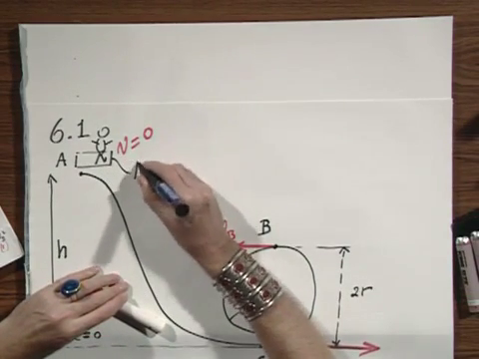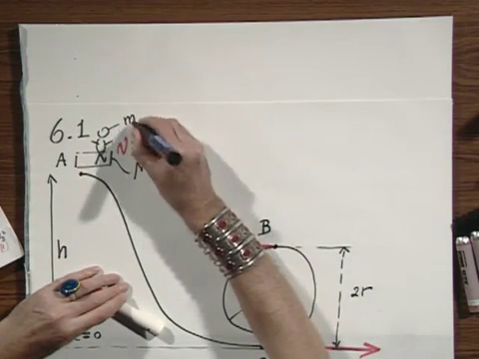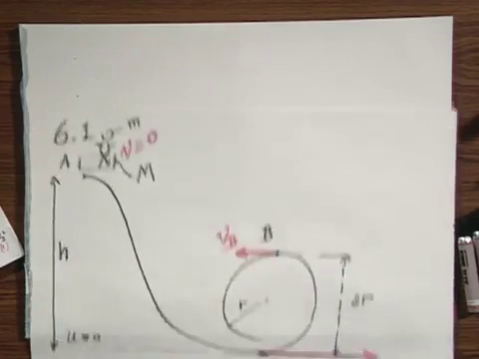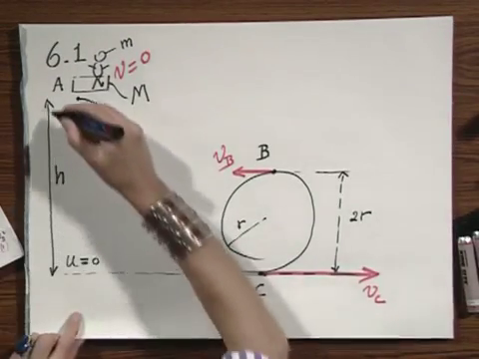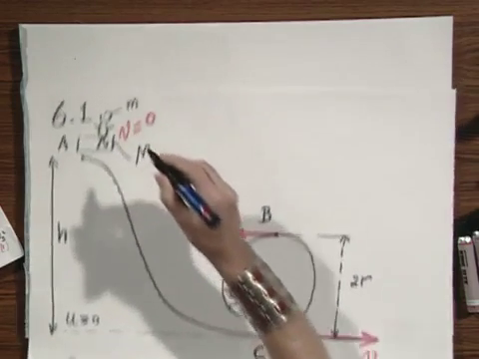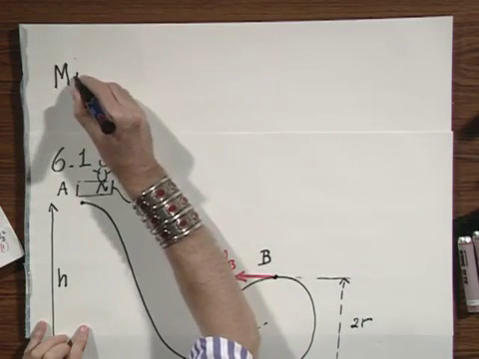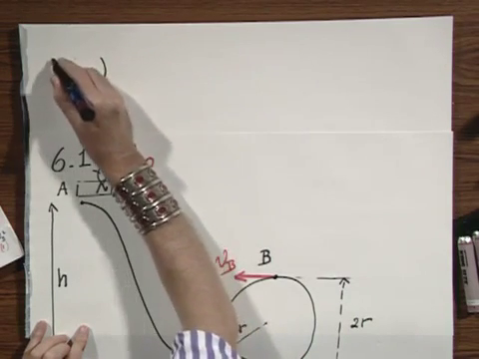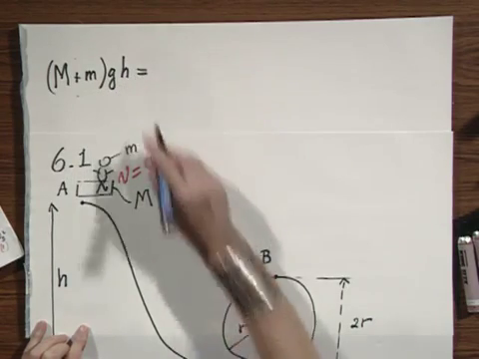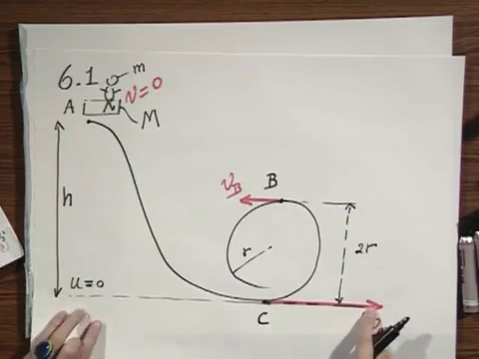Let's call the mass of your roller coaster capital M, and you with a modest mass little m. So there we go. First, point A. No kinetic energy, only gravitational potential energy. So we have M plus little m times g times h. That is the gravitational potential energy relative to this level.